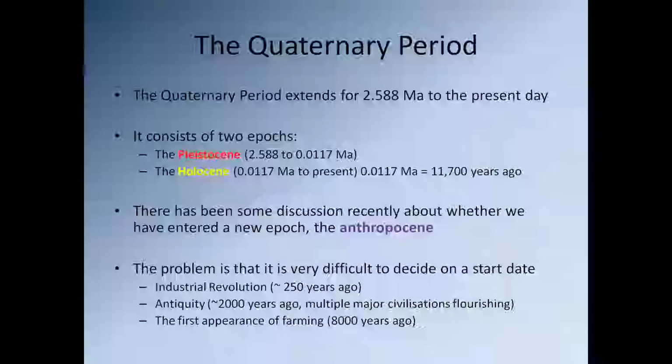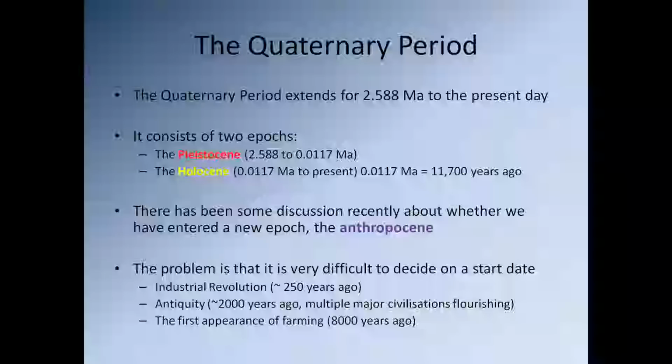The next possibility was just simply referred to as antiquity, and that says around 2,000 years ago we begin to see the flourishing of several very major civilizations simultaneously. And so the argument is that the flourishing of these very large civilizations would have had obviously a very significant effect on the environments in which they were operating.